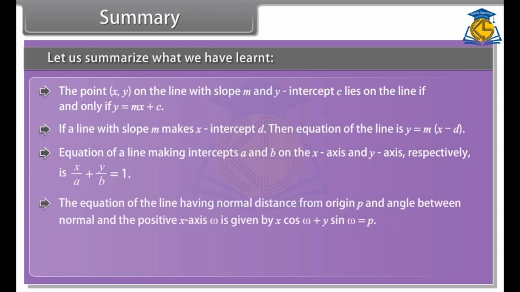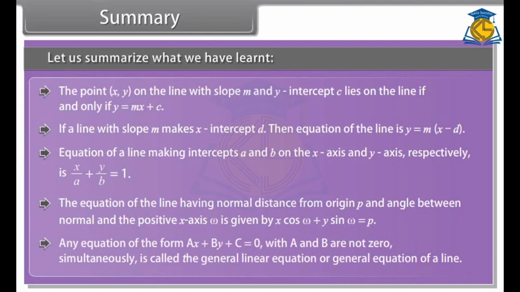The equation of the line having normal distance from origin p, with omega the angle between the normal and the positive x-axis, is given by x cos omega + y sin omega = p. Any equation of the form ax + by + c = 0, with a and b not 0 simultaneously, is called the general linear equation or general equation of a line.